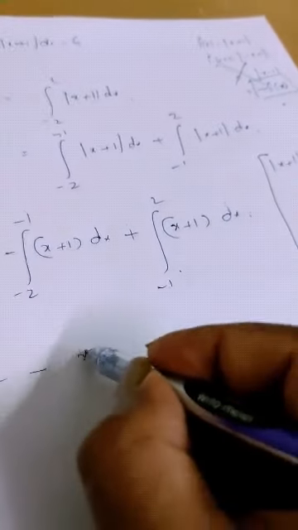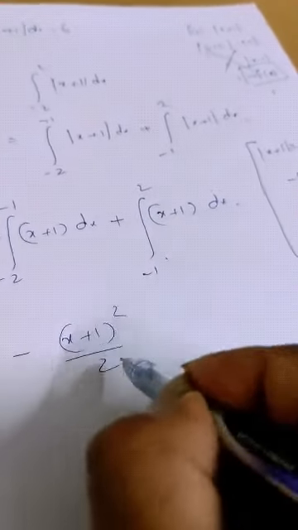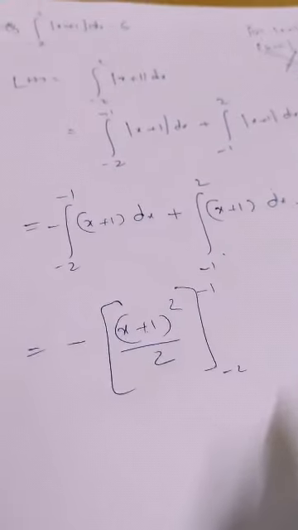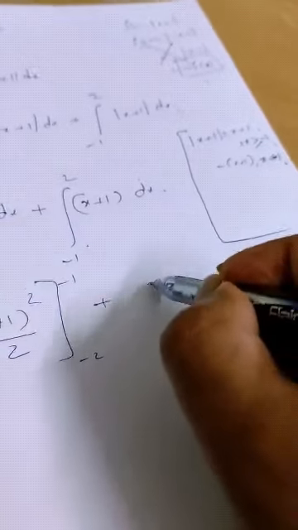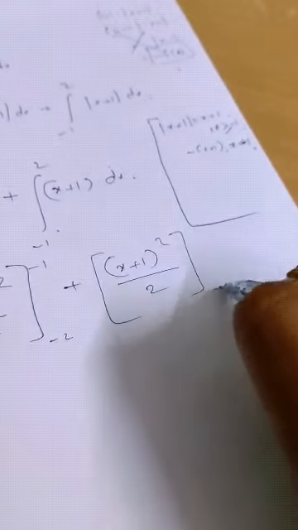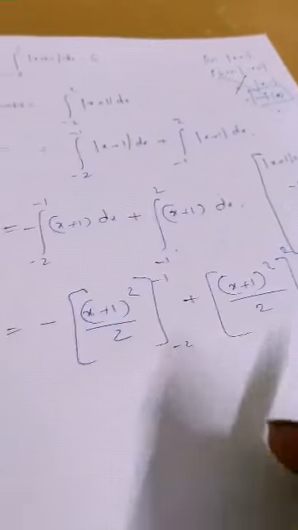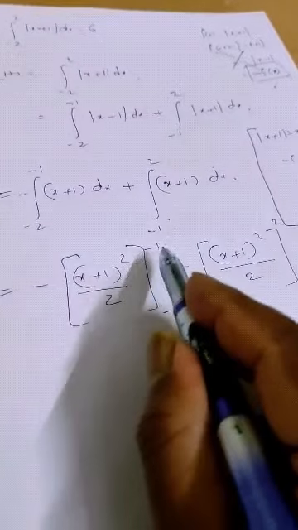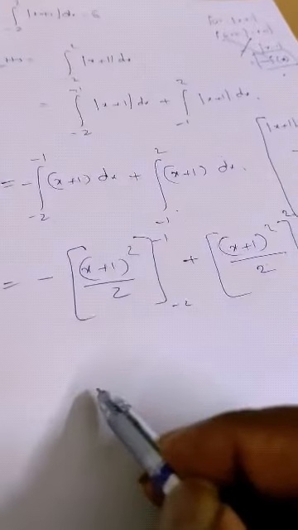Now I can write minus of x plus 1 whole square divided by 2, from minus 2 to minus 1, and x plus 1 whole square by 2, from minus 1 to 2. Put minus 1, it will be 0.